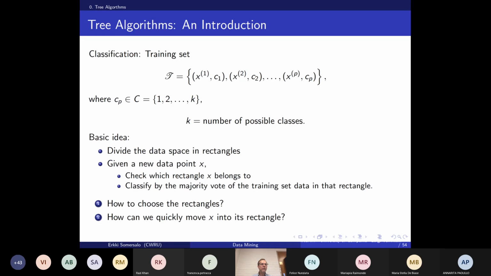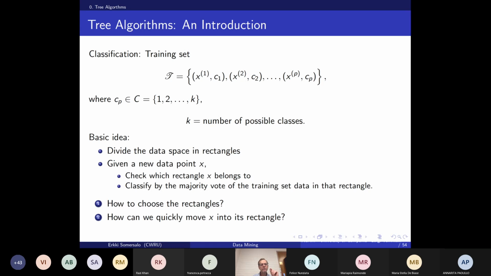If all points in the training set are in one class only when you end up in this rectangle C2, then it's very simple. You say, well, this rectangle represents, let's say, class 1, and therefore since my X ended up in that rectangle, I'm classifying my X to class 1.